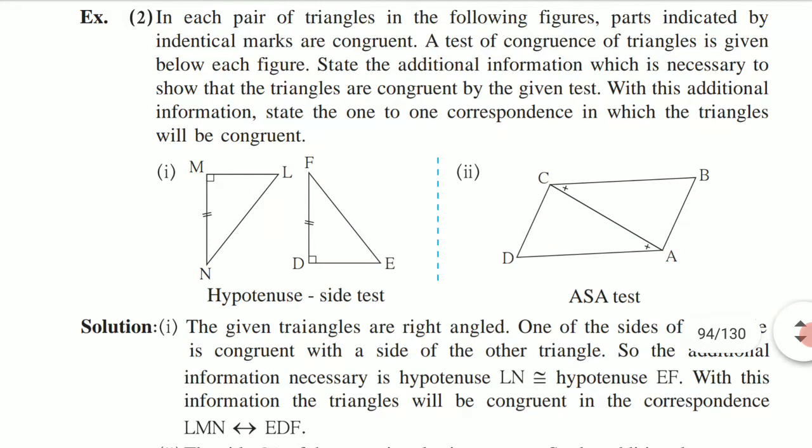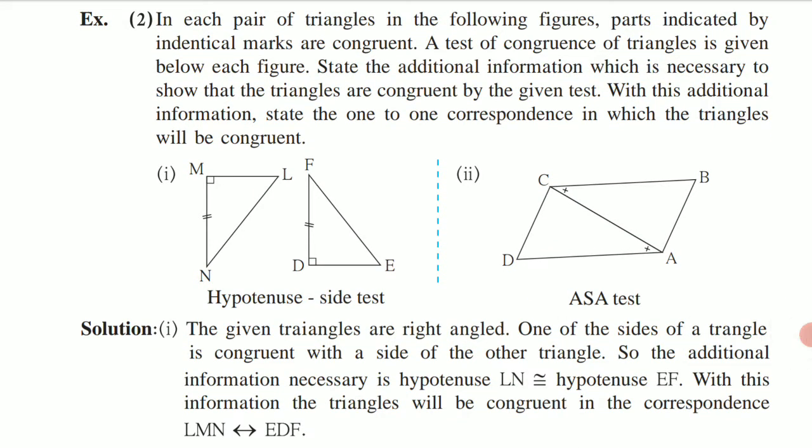Now the second example. In each pair of triangles in the following figure, parts indicated by identical marks are congruent. A test of congruence of triangles is given below. In each figure, state the additional information which is necessary to show the triangles are congruent by the given test.